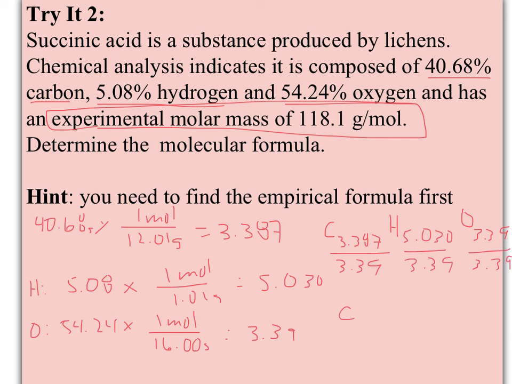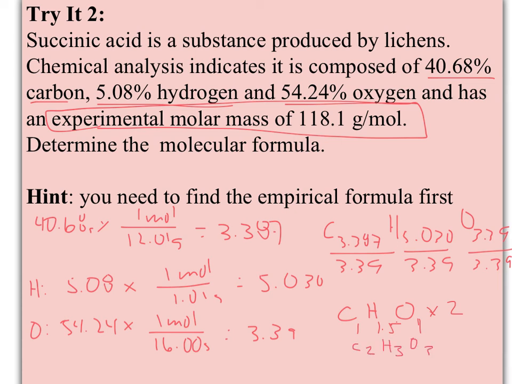But the C and the O are going to both become 1, and the H, 5.03 divided by 3.39, gives me a fraction of 1.484, or approximately 1.5. So if you remember back to empirical formulas, we can't keep that fraction in there. So my empirical formula is actually C2H3O2.